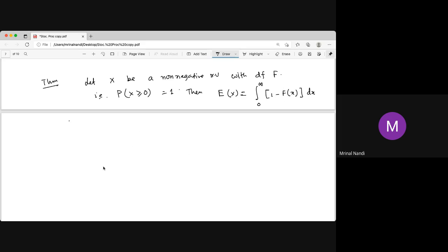So we take the continuous type, and the proof goes like this. First we assume that the expectation of x is finite, that it exists. Then the expectation of x is the integral from 0 to infinity, because it is non-negative, of x f(x) dx, and this is nothing but the limit as n tends to infinity of the integral from 0 to n of x f(x) dx.